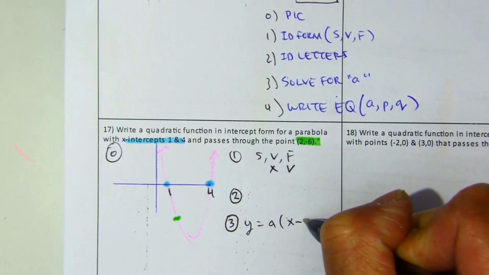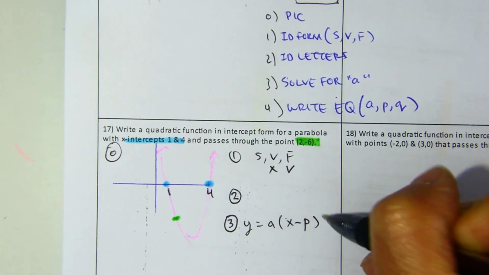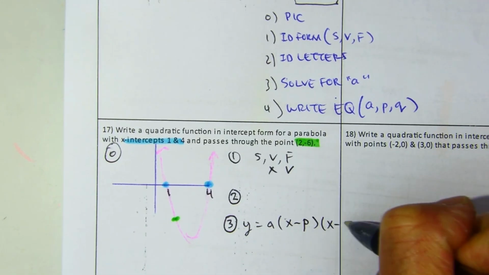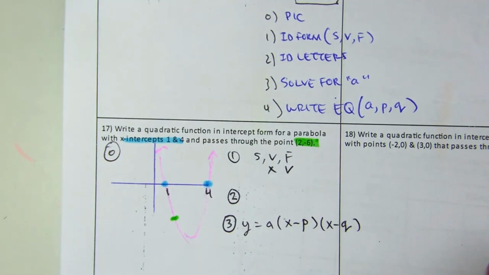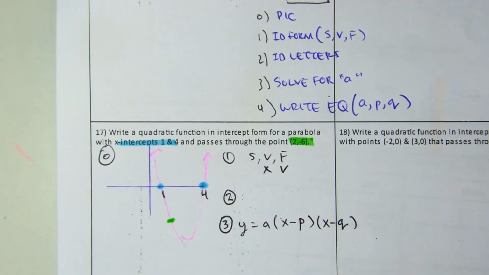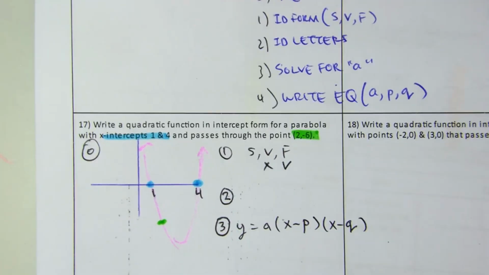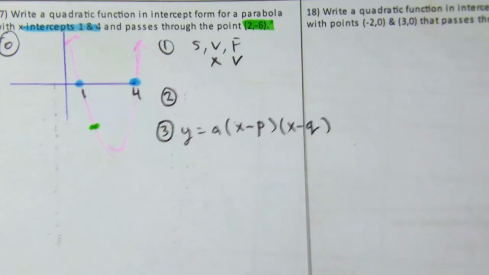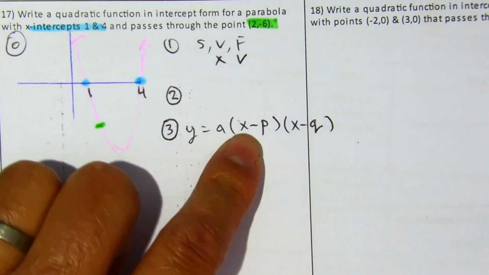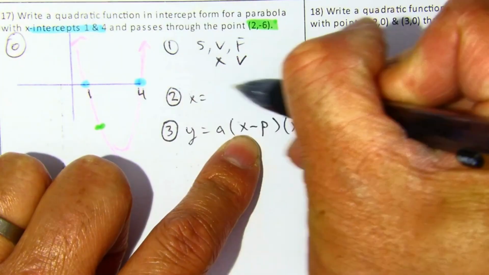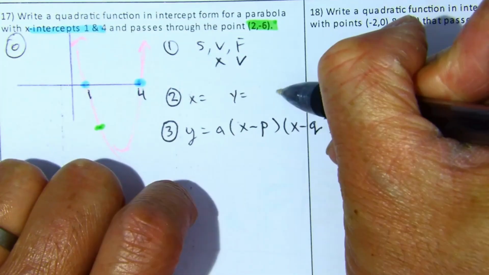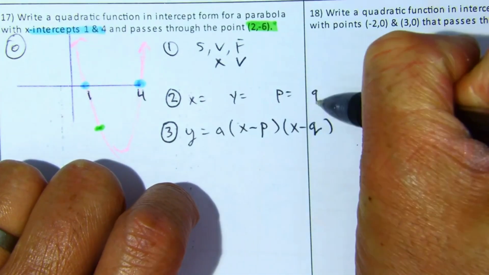Okay, so that is factored form. We've been factoring in this class quite a bit. Those are the letters we're going to have to find. Just like yesterday, X and Y, but this will be new to you, P and Q.